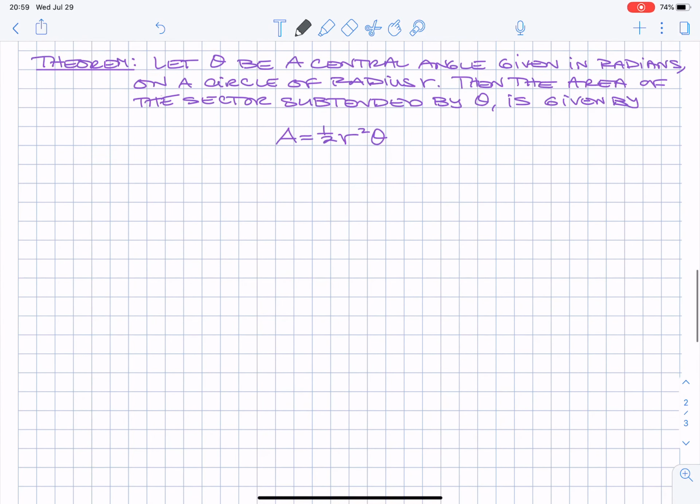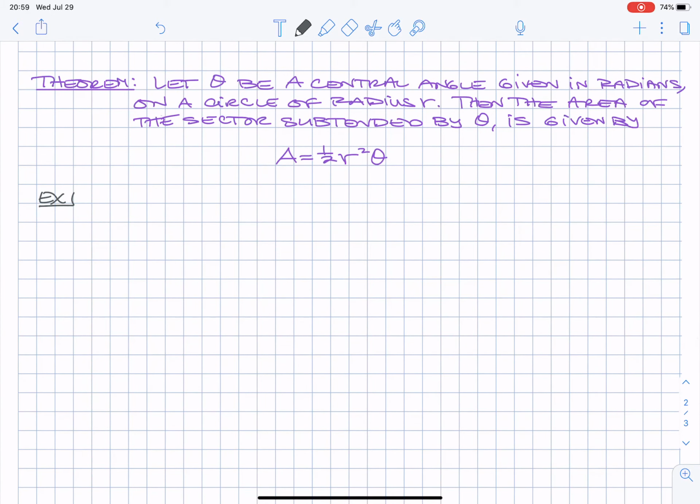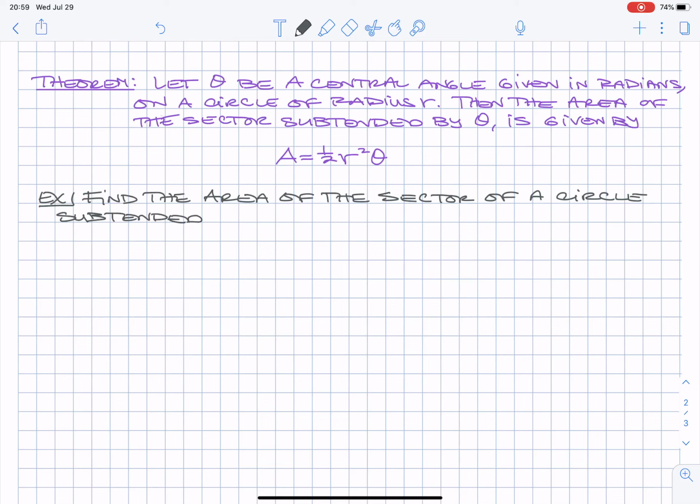Okay, so for example, let's find the area of the sector of a circle, subtended by, let's have theta be 7 pi over 6 radians.